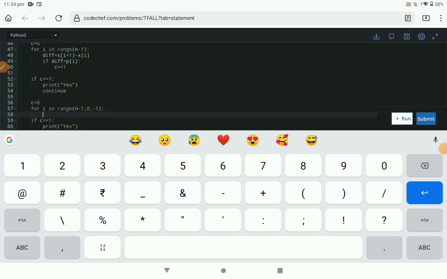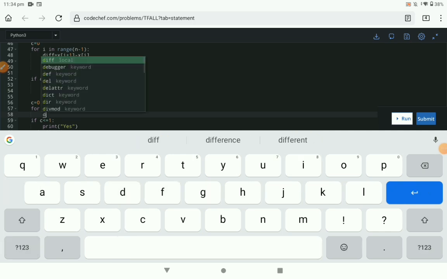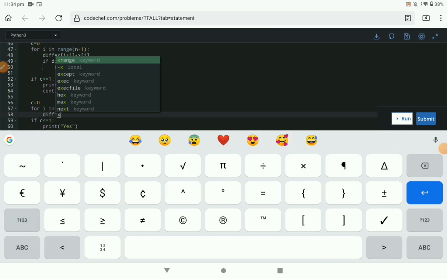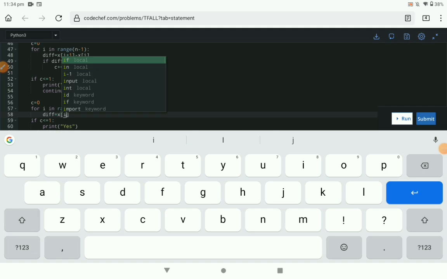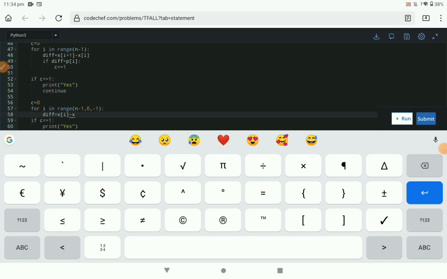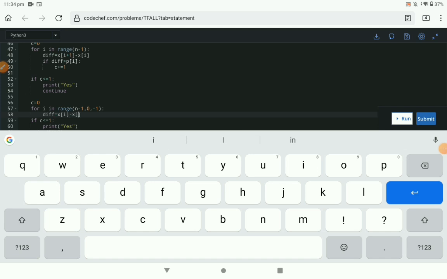So now we will check the difference. Diff equals to, as we have run the for loop in reverse direction, we take the difference of x of i minus x of i minus 1. So we are basically subtracting the leftmost element from the rightmost element, from the right end.